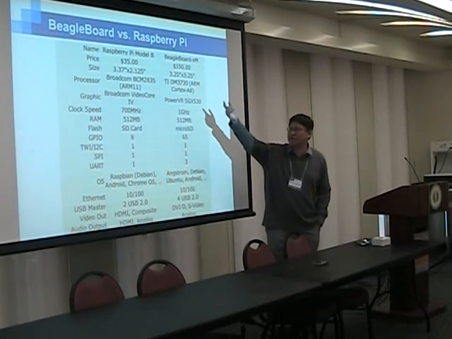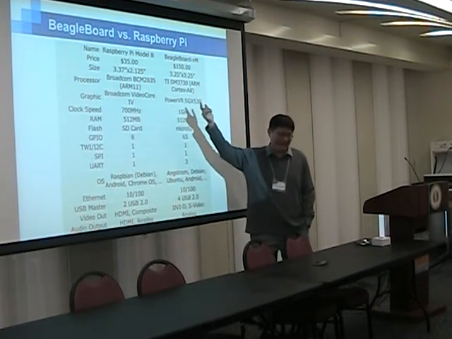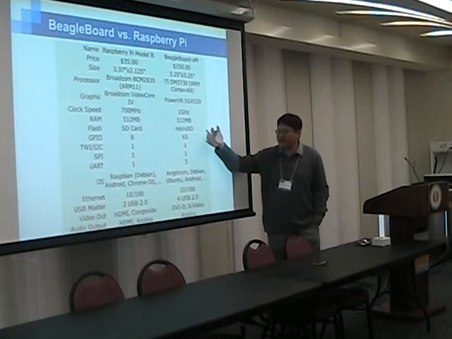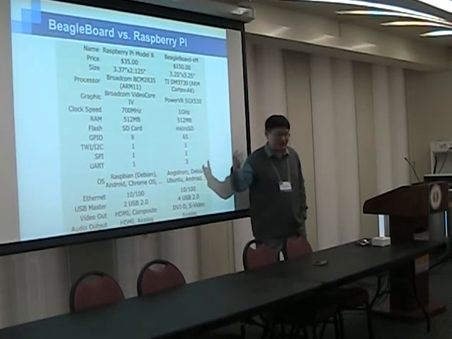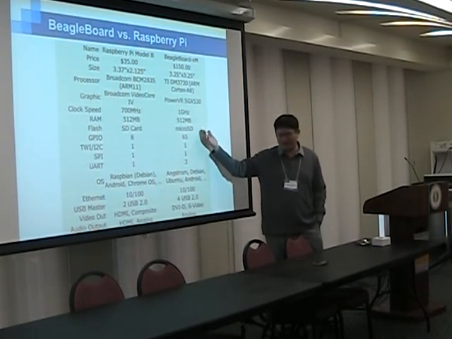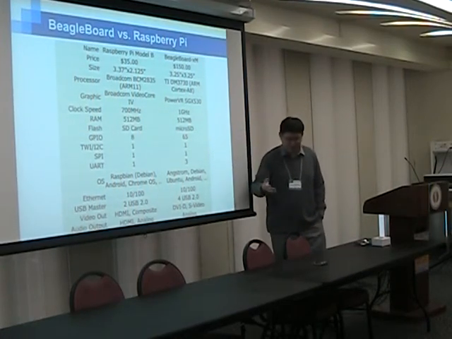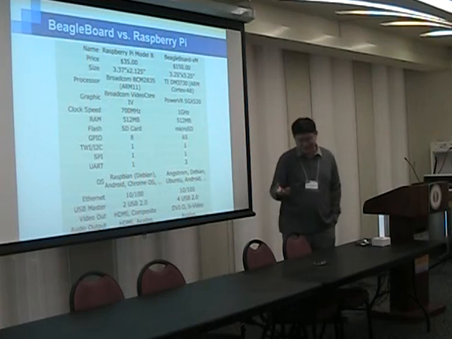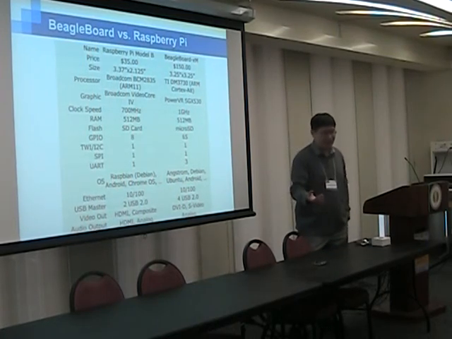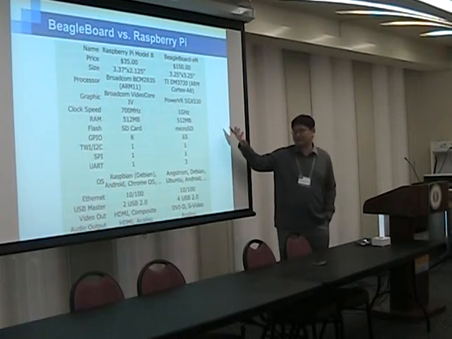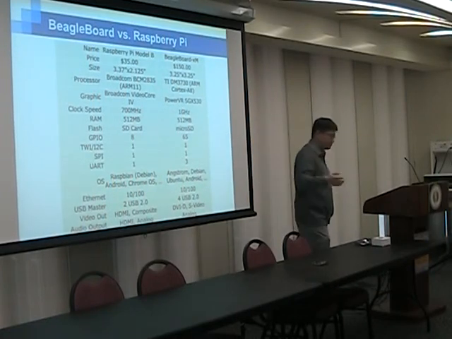Of course, Raspberry Pi is cheaper, a lot cheaper. That's one thing to consider. So it really comes down to the software side instead of the hardware. Beagleboard is faster, but it's not so fast that something can be done on Beagleboard that cannot be done on Raspberry Pi. So that's the brief comparison.